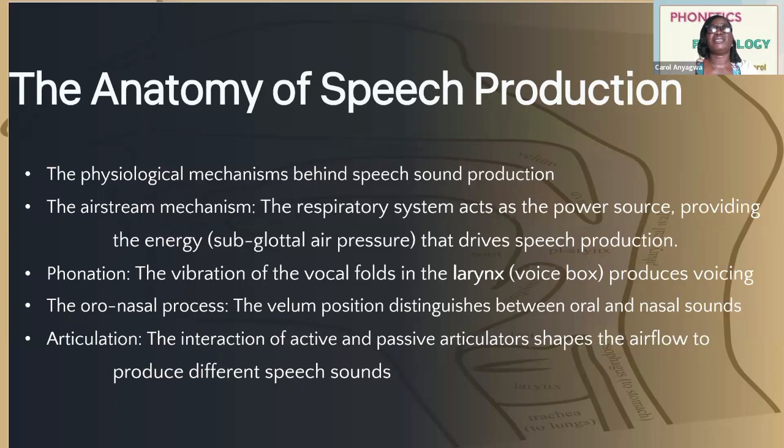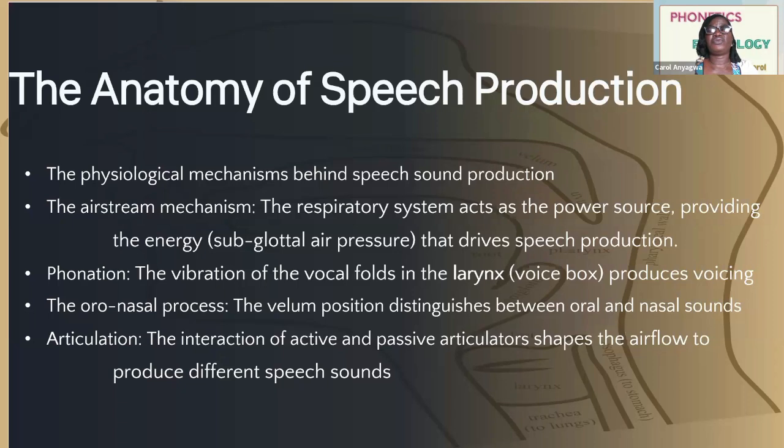And for this reason, whenever we talk about the anatomy of speech production, we start with the airstream mechanism, because without airstream, without air, you cannot produce speech. The airstream mechanism refers to the source of air. Here, of course, it is linked to the respiratory system.